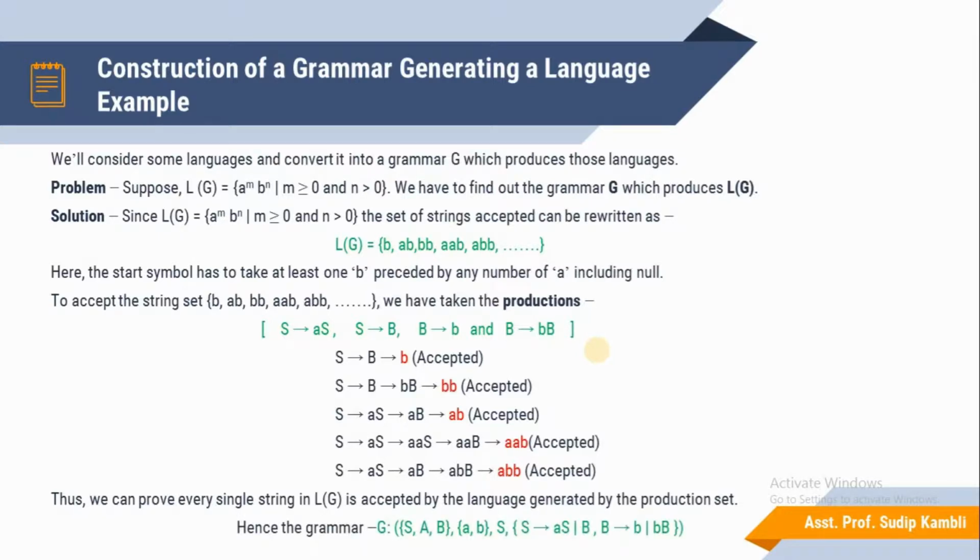Hence the grammar G has S, A, B as non-terminal symbols, a and b as terminal symbols, and S as the start symbol, with three production rules: S derives AS or B, and B is replaced by b or bB.